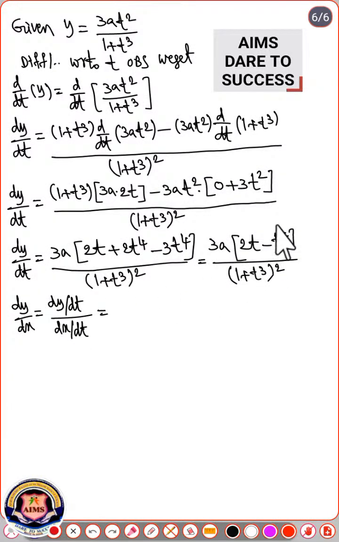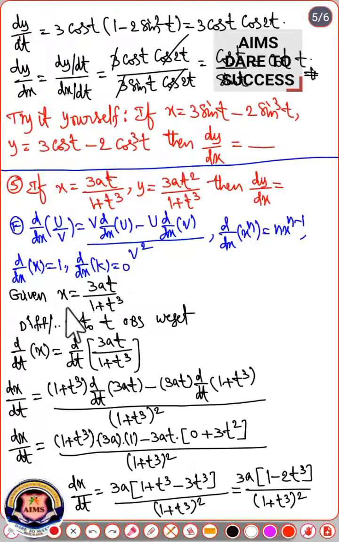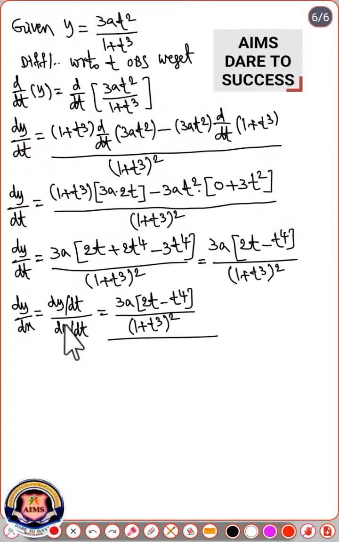This dy by dt value, as it is, you can write it as 3a into (2t minus t power 4) whole divided by (1 plus t cube) whole square. Here dx by dt value we can write as it is.